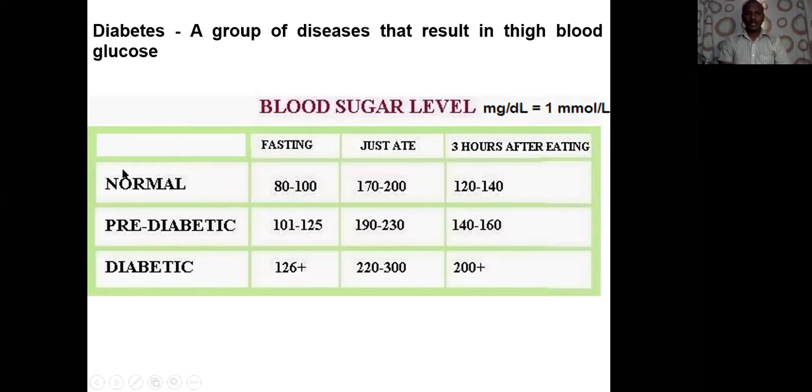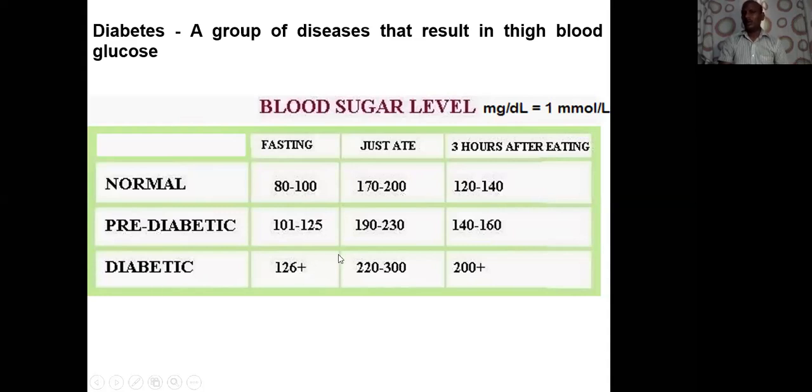For the normal person it is 80 to 100, and pre-diabetic, the onset of diabetes, is 101 to 125. Only fasting levels we consider here. A diabetic patient is above 125, that is 126 plus.